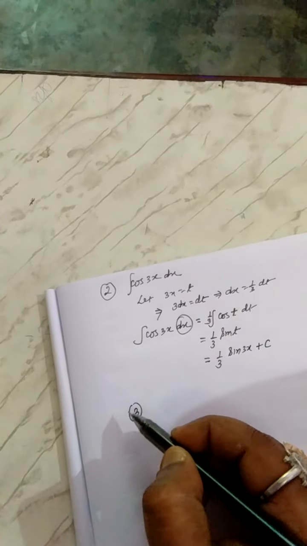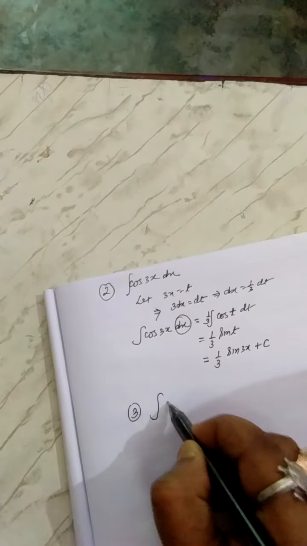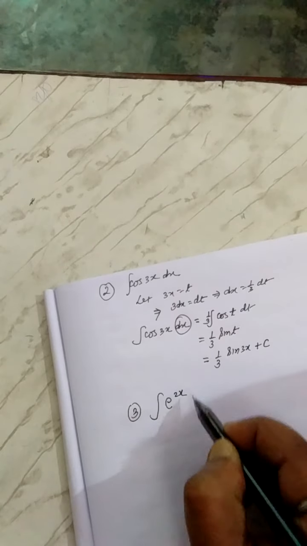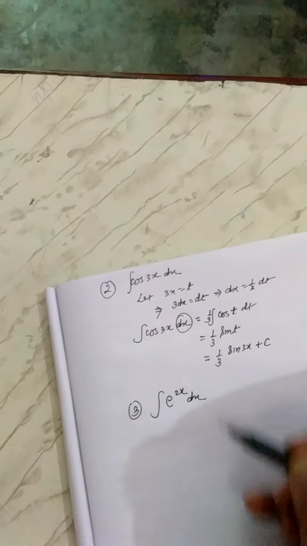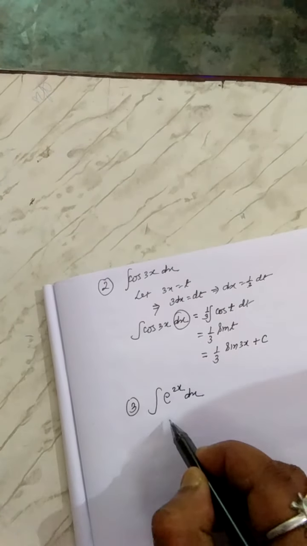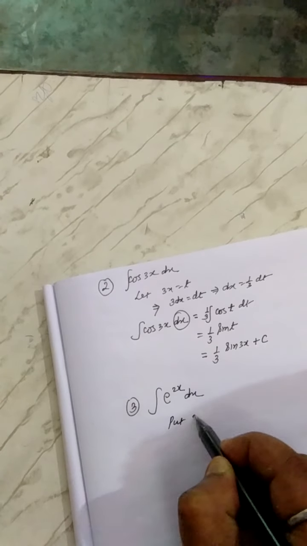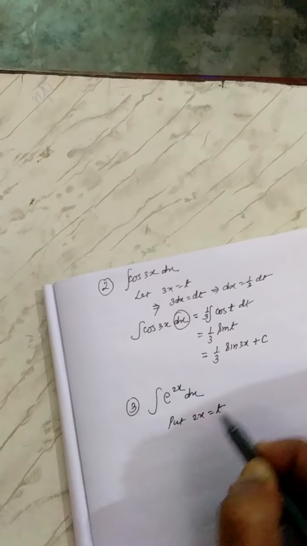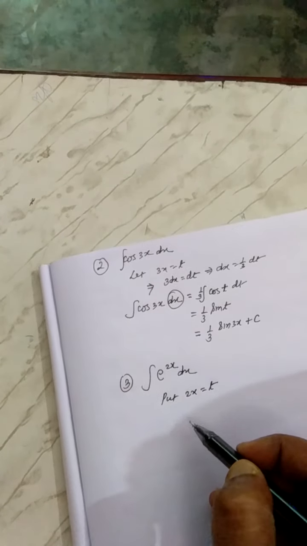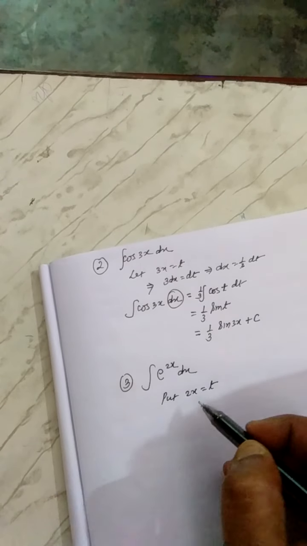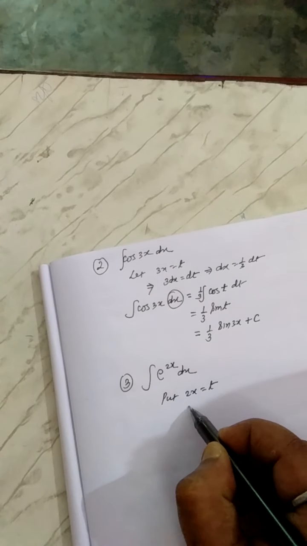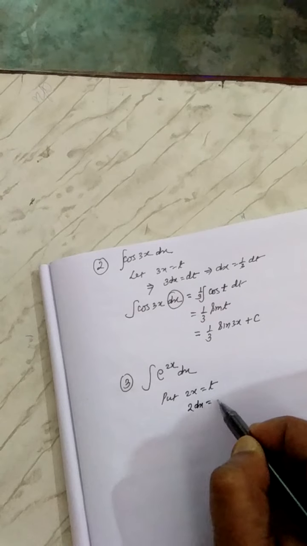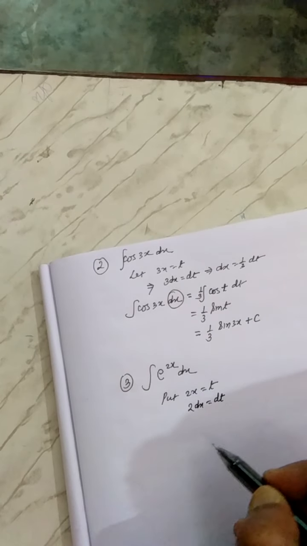Now question number third given to you, integration of e to the power 2x dx. Now we put 2x is equal to t. On differentiating both sides with respect to x, we write 2 dx is equal to dt.